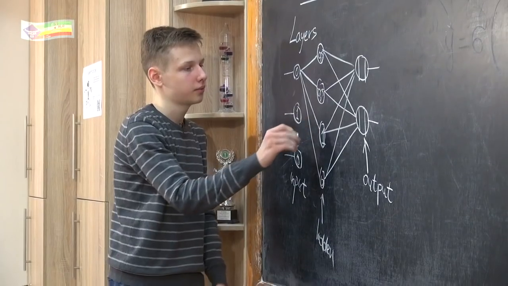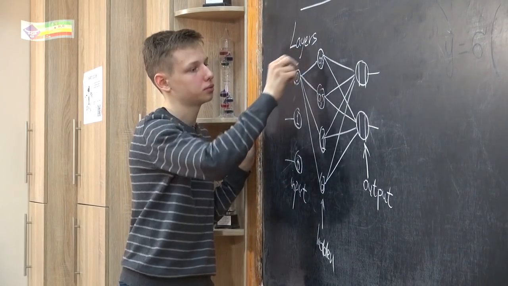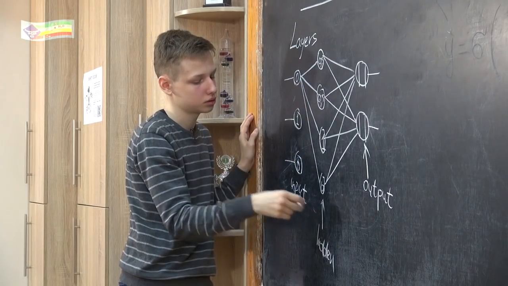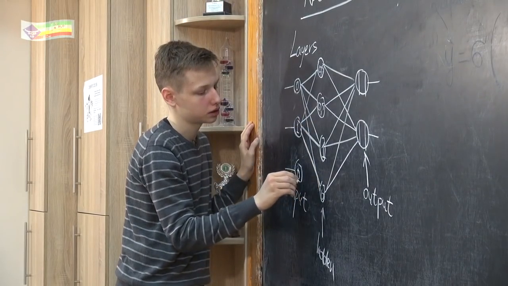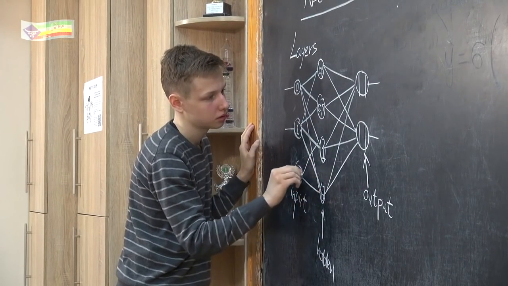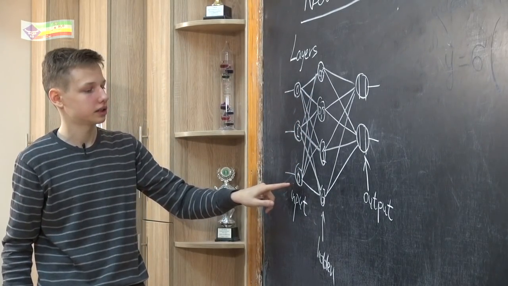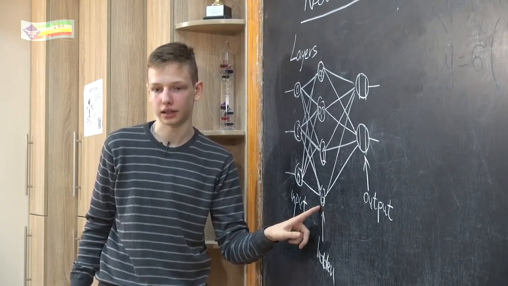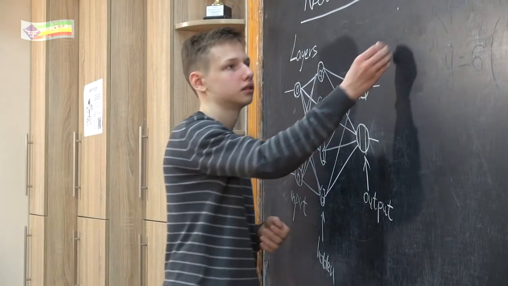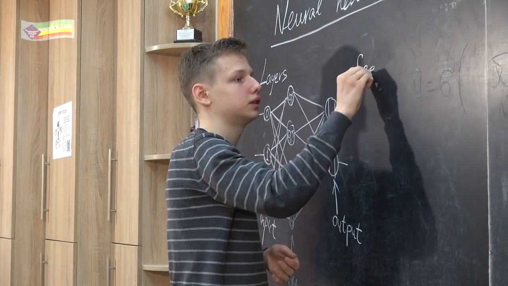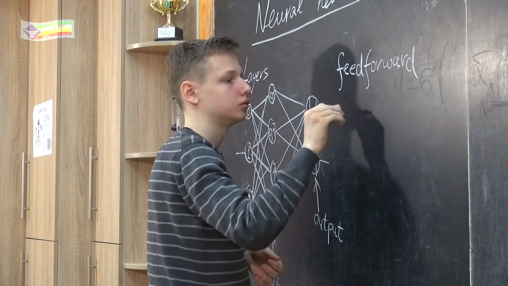And as you can see, this input layer neuron distributes all its values into all hidden neurons. And it happens with each neuron. So each neuron of the previous layer is connected to each neuron of the next layer. And such a structure, such a connection, is called a feed-forward neural network.